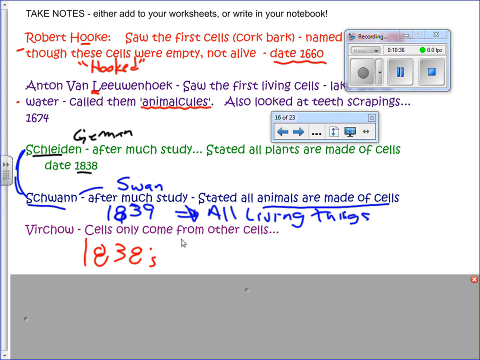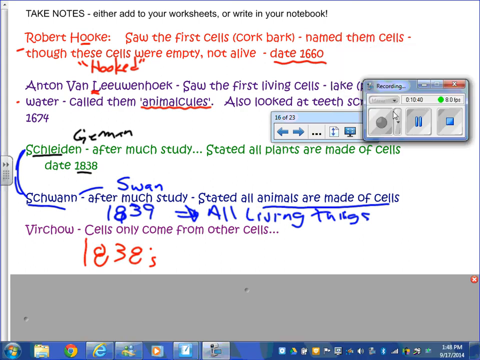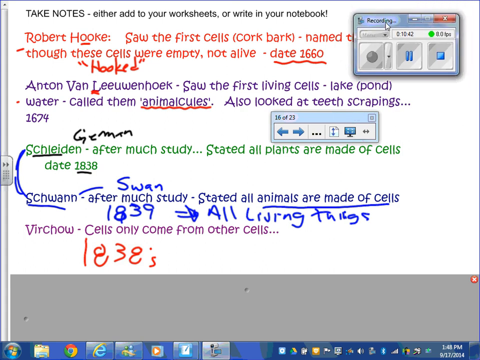Also around the same time here, Virchow comes up with the statement that cells only come from other cells. And in fact, under the microscope, he actually saw cells dividing. So single cells reproduced by just basically making a clone.